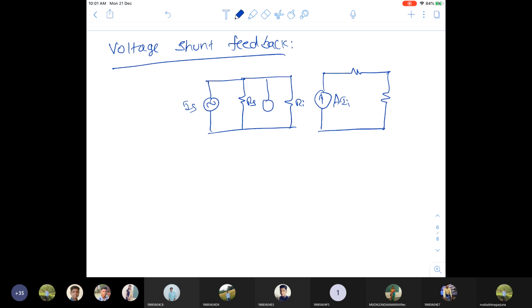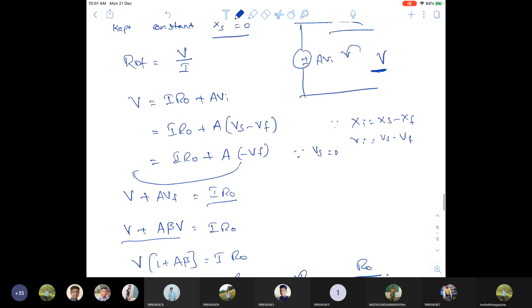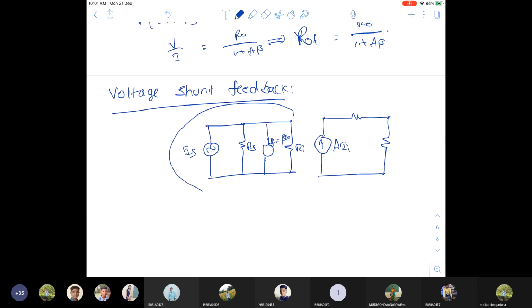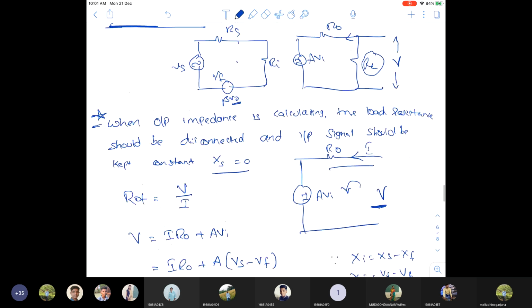The feedback will be parallel. Why? Because input is a shunt connection now, so it will be parallel. Here IF is equal to beta times V naught. So just compare these two circuits. Only the input part is different and the output is the same.